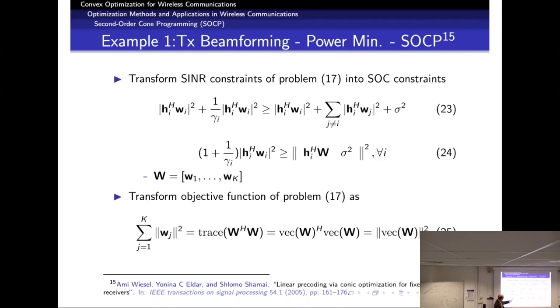I can write this differently. So I can say my W is like I have W1 all the way to WK. And so if I have a sum of Wj squared, this is the same as saying I take W multiplied by WH, or the opposite, and I take a trace of this.